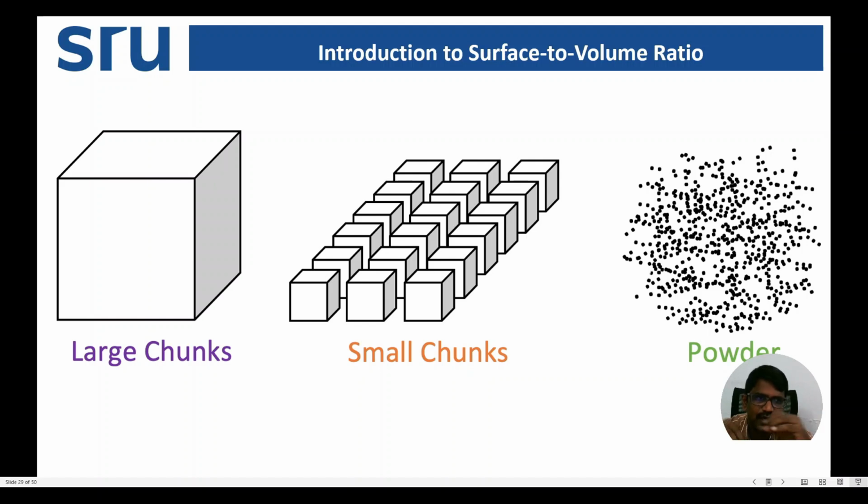That means it can cover more surface area. More surface area means more surface atoms will participate in any reaction. So that is the importance of surface to volume ratio, so that you can understand how the surface area of this cube, of this small cube, and of this powder compare. Obviously, the powder has more surface to volume ratio.